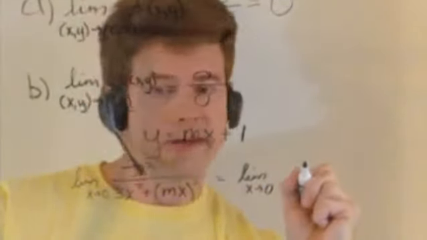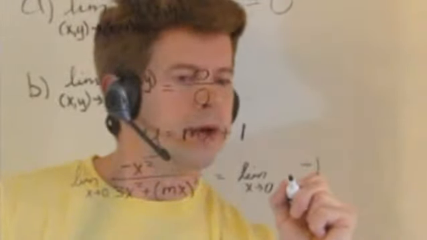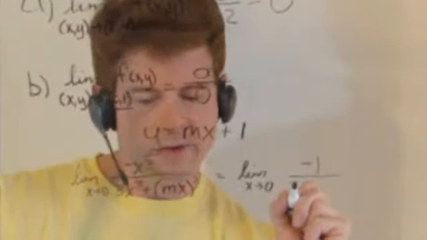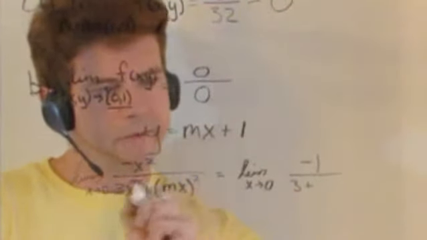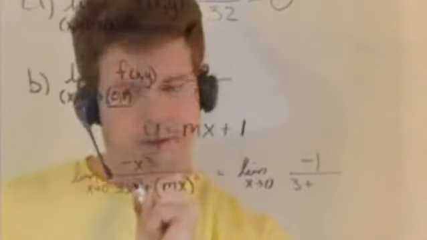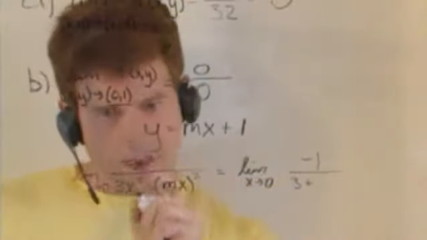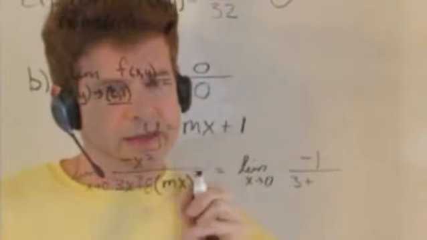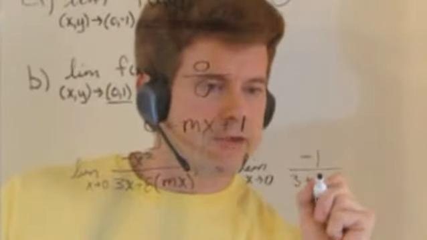Factoring out x squared, our numerator is -1, over 3 plus, oops, I forgot the 8 here, because originally we had 8 times. Sorry about that. So the x squared factors out, and it's 8m squared.